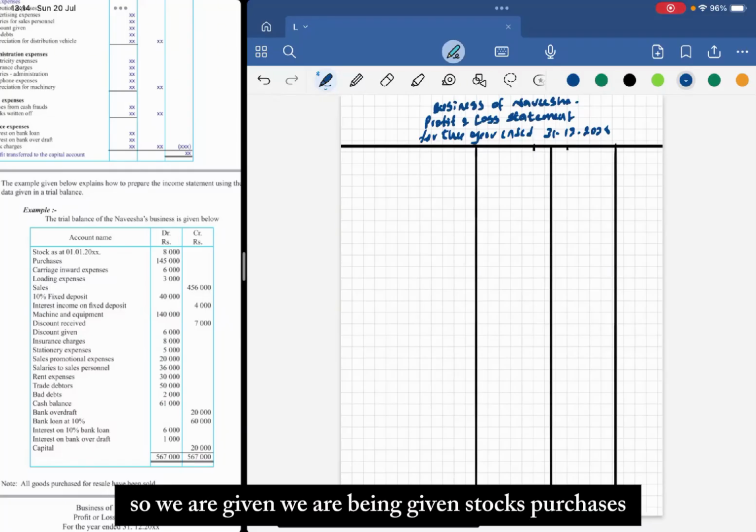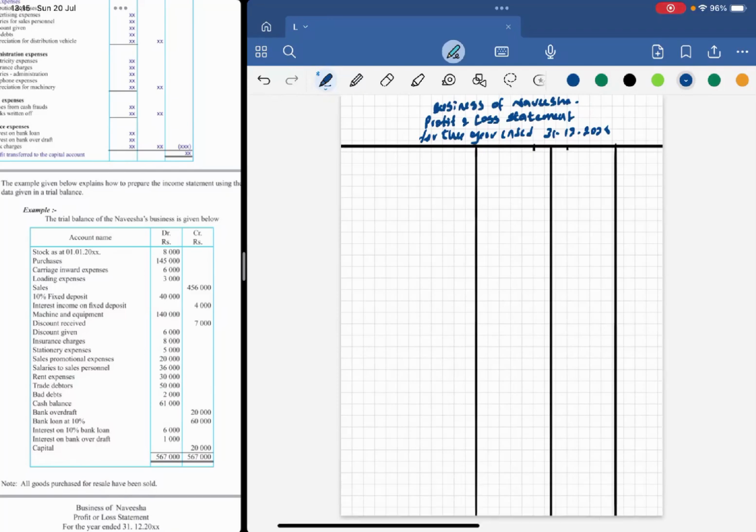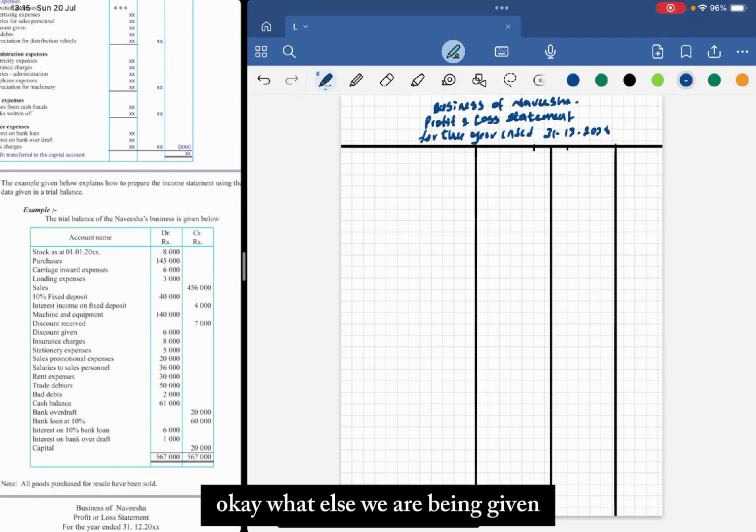So we have been given stocks, purchases, carriage inwards expenses, loading expenses, sales. What else we have been given?